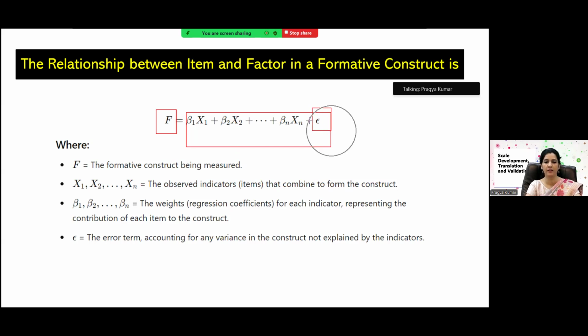Single error. You will not find many errors. There, the error was there with all the items. There we were forming the equation for each and every item. Here you can form a single equation like a multiple linear regression equation, and this error term will be at the level of the emergent variable.